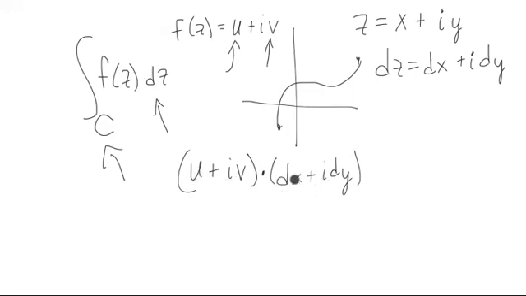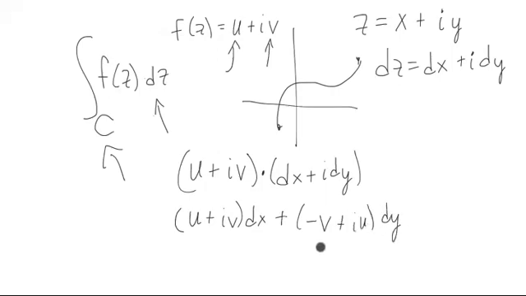Everything that will go with dx is simply u plus iv dx. Everything that goes with dy, we're multiplying an i to it. And so that would become a ui and then a minus. Let's get the real part and imaginary parts straight here. So i times i is minus 1, so you get a minus v, and then i times u, so plus iu dy.